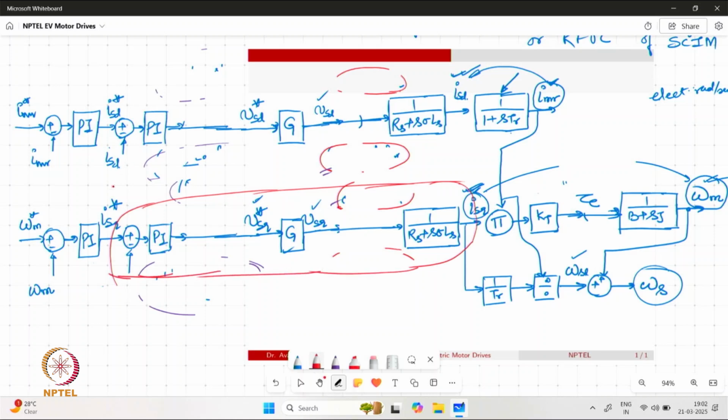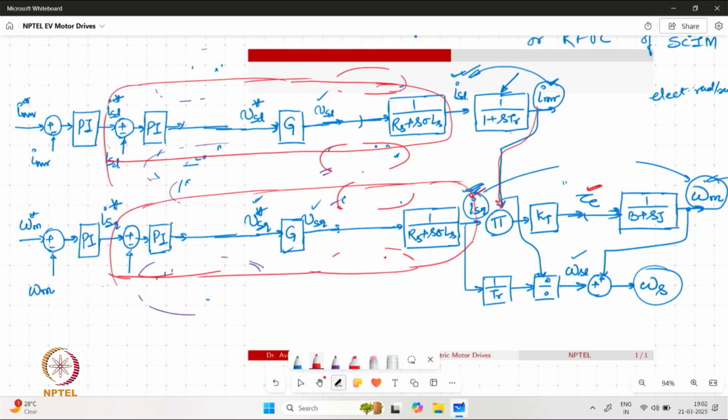Similarly, there is a current control loop sitting within the flux control loop. Secondly, we have one more level of complexity involved over here, because computation of torque is happening on the basis of IMR as well as ISQ.